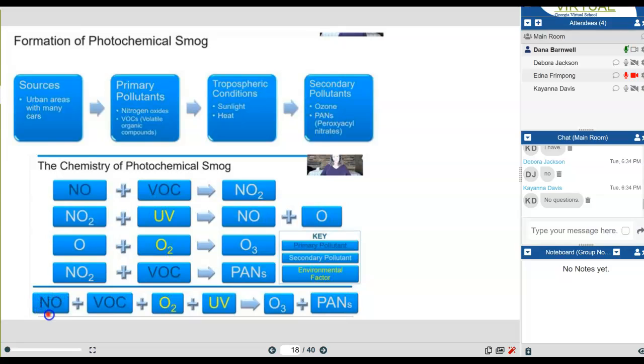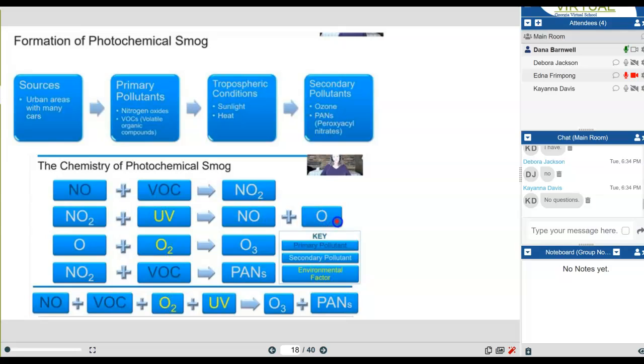So our NOxes and our VOCs are going to react with oxygen in the air as a result of that UV light. Well, what is the UV light doing? This UV light is helping to break the bond in our nitrogen dioxide and allowing an extra oxygen to be available, not as a diatomic molecule, but just as an atom of oxygen.